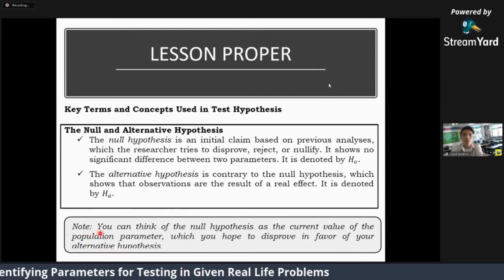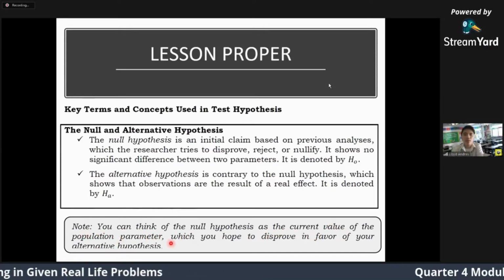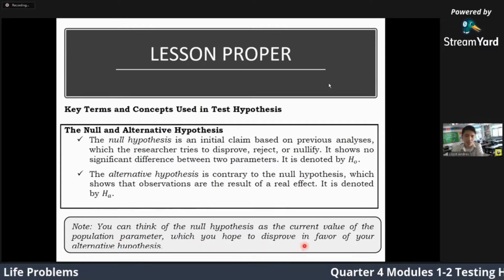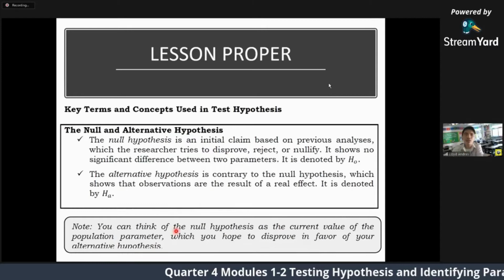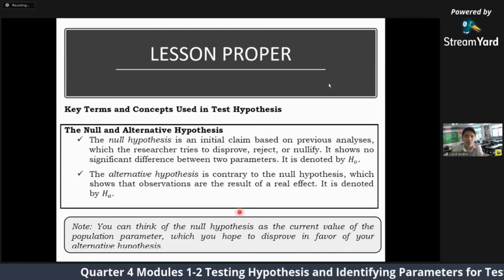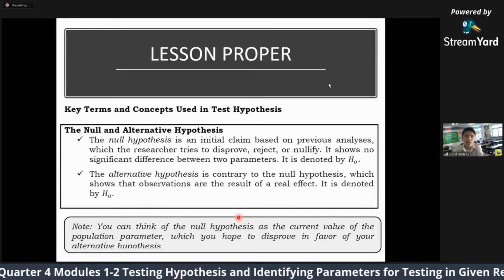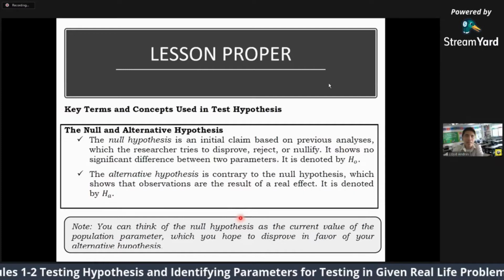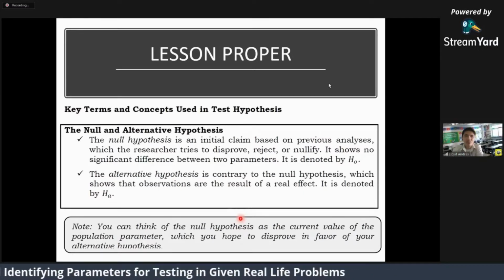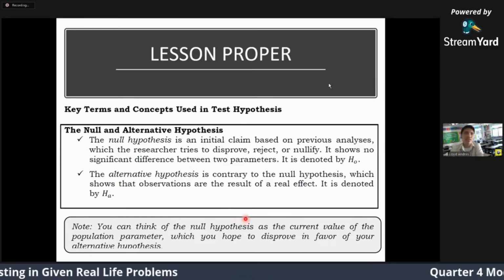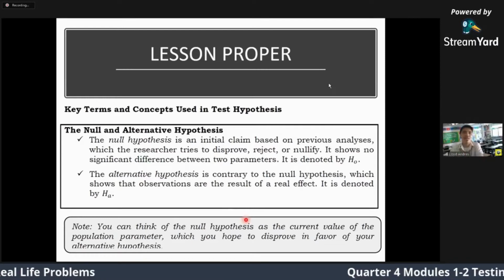Note, you can think of a null hypothesis as the current value of the population parameter, which you hope to disprove in favor of your alternative hypothesis. So, ang null hypothesis atong i-disprove, kumbaga, like sa mga experiment nga pareha ng fertilizer. So, ang null hypothesis diha, walay significant difference sa, let's say, height sa isa ka plant.